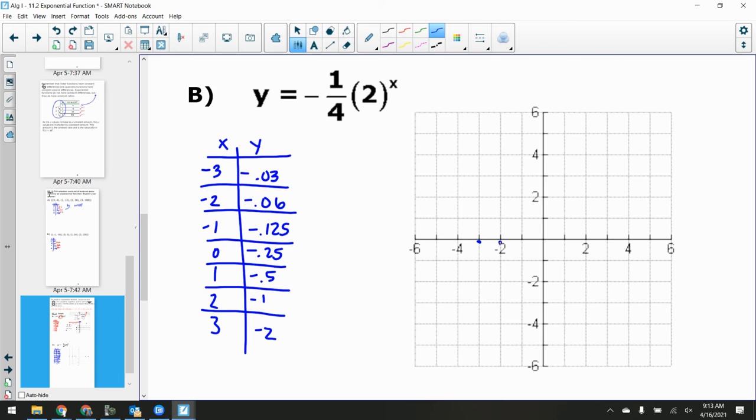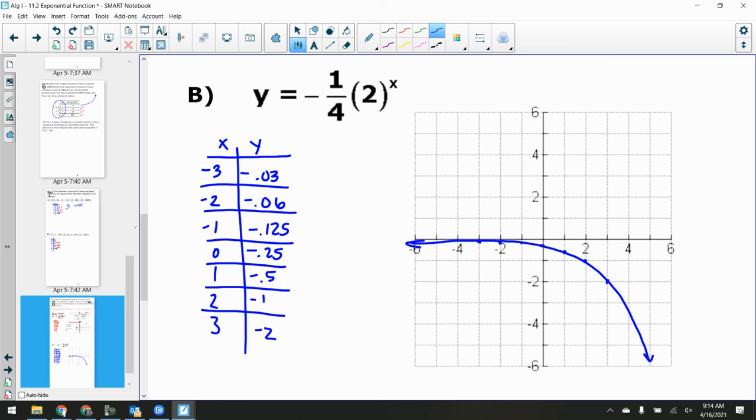Here we go. Sorry about that, folks. 0, comma, a quarter of the way up. 1, comma, halfway there. 2, comma, negative 1. 3, comma, negative 2. There we go.